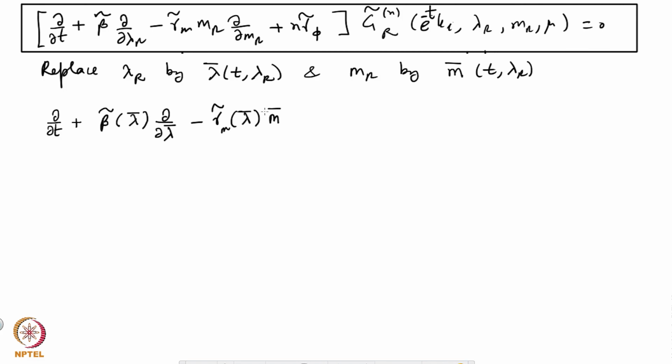So if I had written here mr of lambda r, which is something I should have done, then you see when you replace it, mr by m bar, the argument will get changed to lambda bar. And del over del m bar again has the same argument, lambda bar, plus n gamma tilde phi. Again, this is a function of lambda bar.